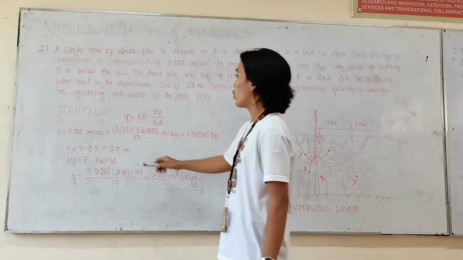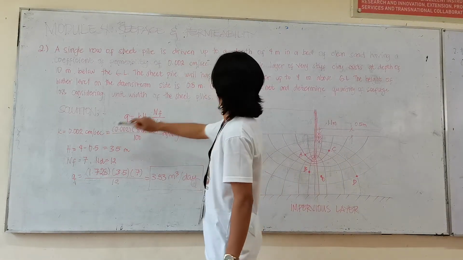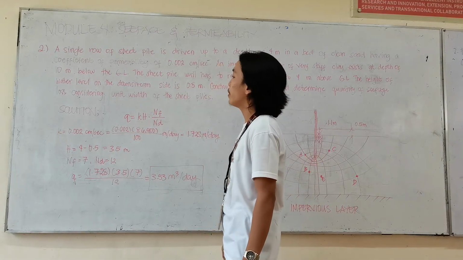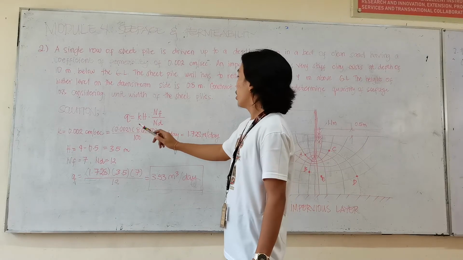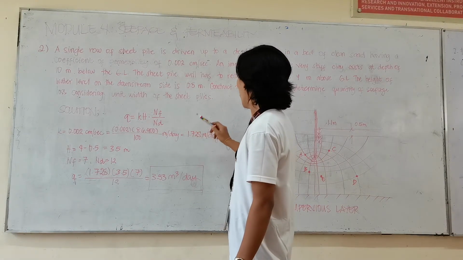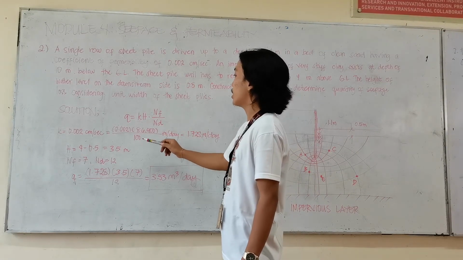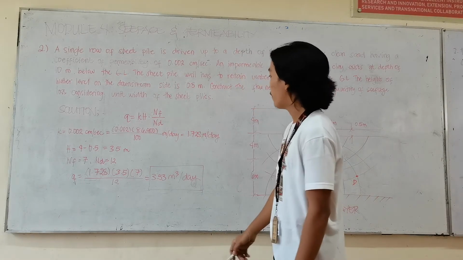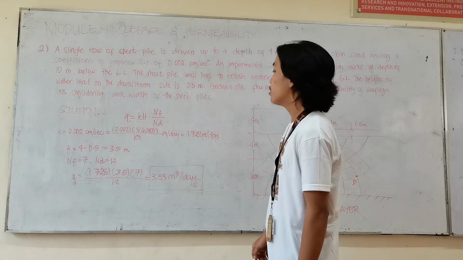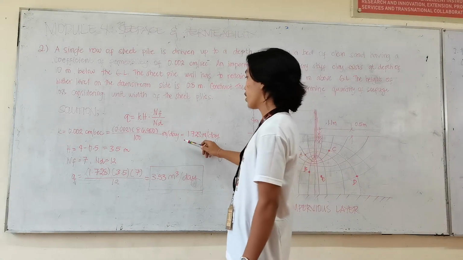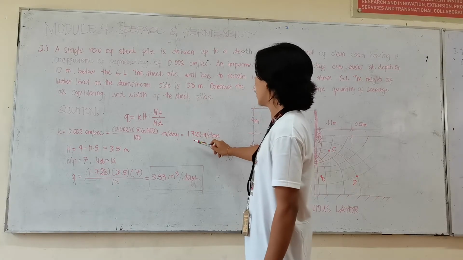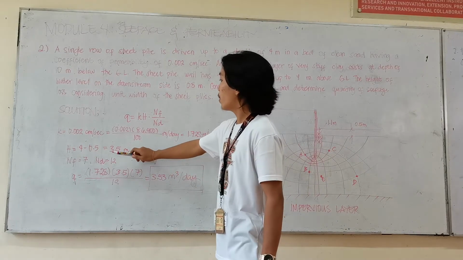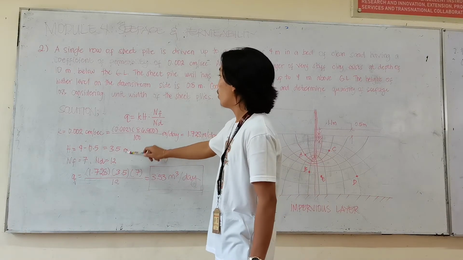So first we are going to convert the coefficient of permeability, which is 0.002 centimeter per second, to meter per day since it is still in centimeter per second. And 1 day consists of 86,400 seconds.